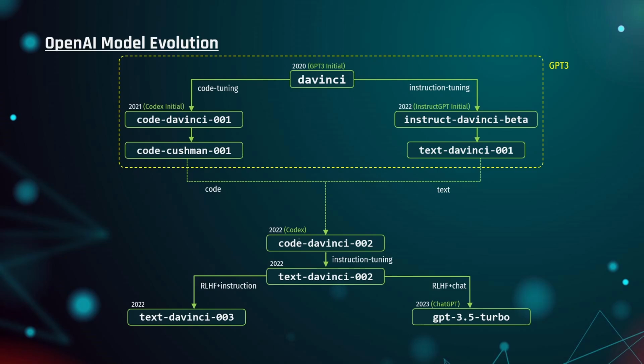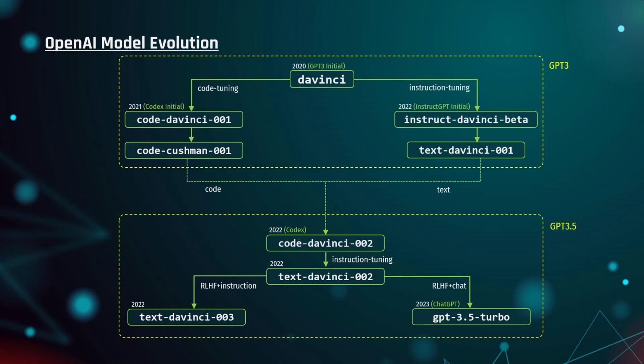And this particular set of models from Code Da Vinci all the way to Text Da Vinci 003 and GPT 3.5 Turbo, all these models are included in the GPT 3.5 series. Okay, our interest for this course will be on these two models in particular.